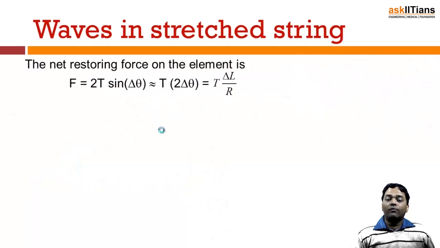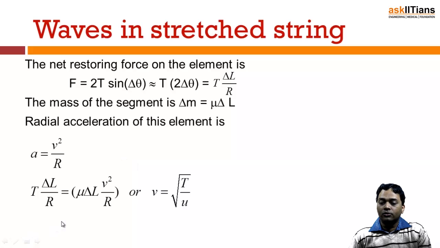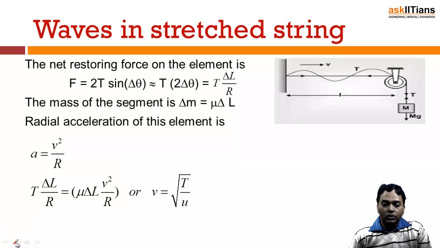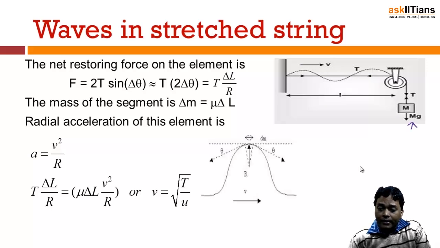As a result, let me just draw a figure for this as well, so that will make more sense. Here, if you see, this is the wave that is moving, there is a tension that is going to be acting towards the center, the velocity is moving towards the right. The tension here is going to be produced by this particular weight.